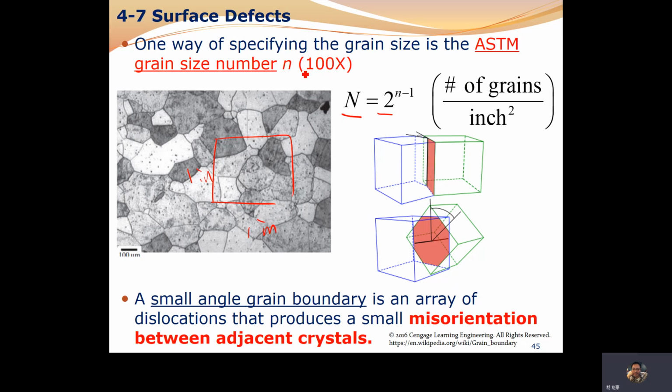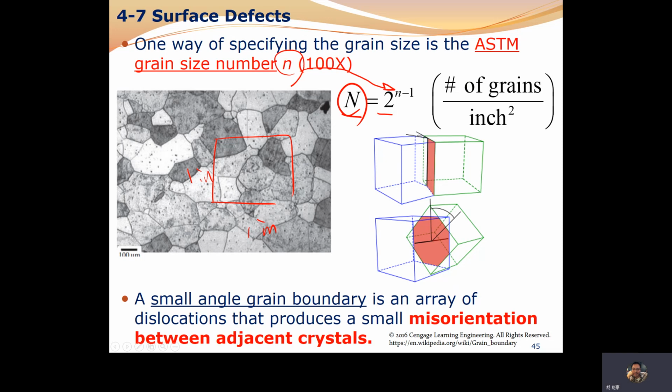We figure out the number n, plug it in here, and we get this capital N, which is the ASTM standard to define the grain size number. A higher N means a higher number of grains per unit area, that is, per square inch.